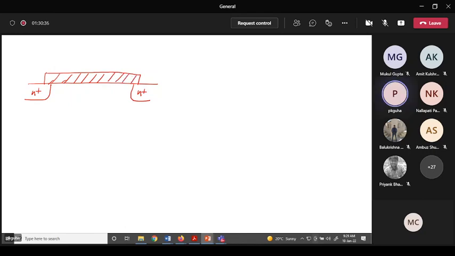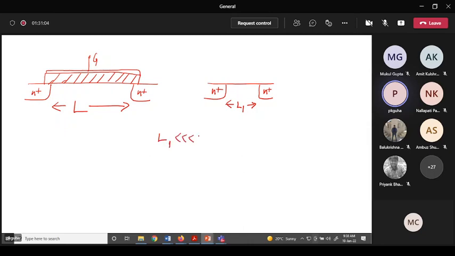So gate oxide, this is polysilicon, right? This is my long channel. This is L. Now what we are doing, we have reduced the dimension of the MOSFET. L1 is much less than L. So now what I am saying is that I also need to reduce the thickness of the oxide.